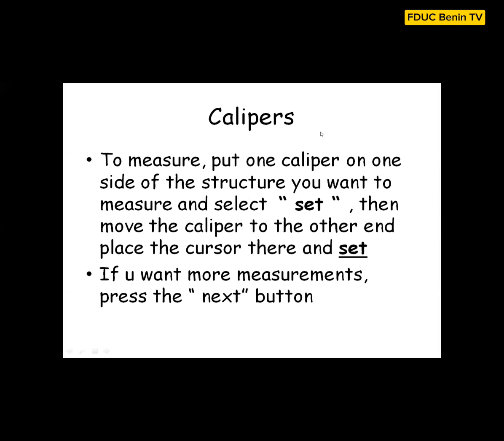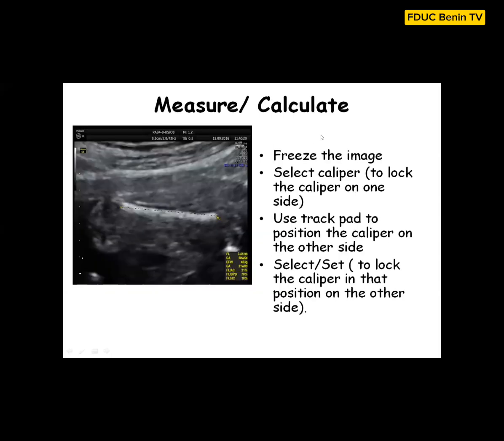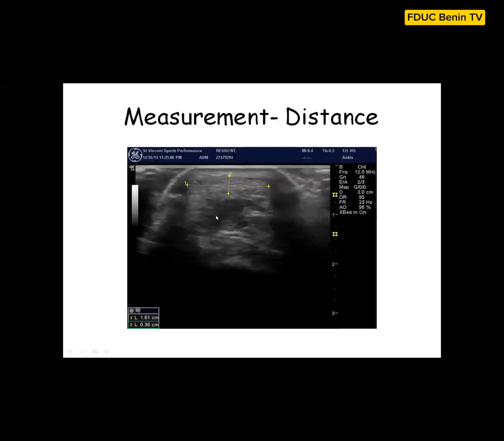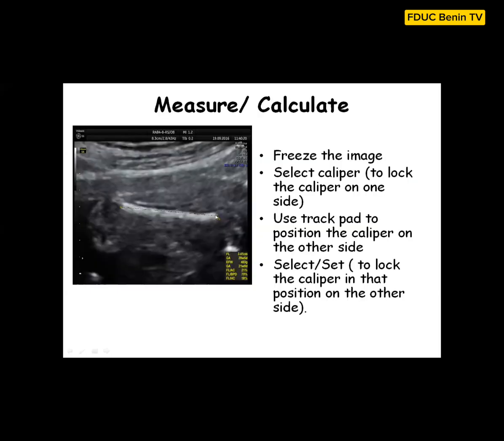So this is what the calipers help us to do. This is what I was explaining. I want to measure the femur length. I freeze my image and select caliper, and this cursor will come up. I will now set, and it will lock it there. Then I click on next and use my trackball to move this caliper to the other end.